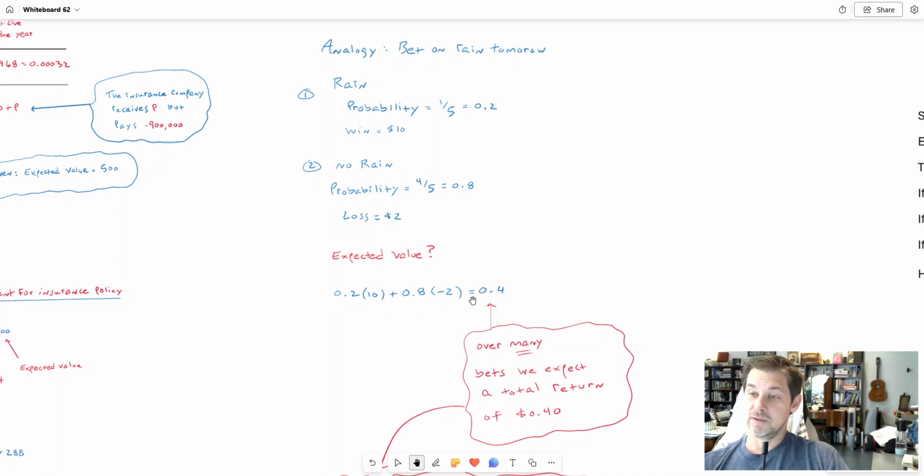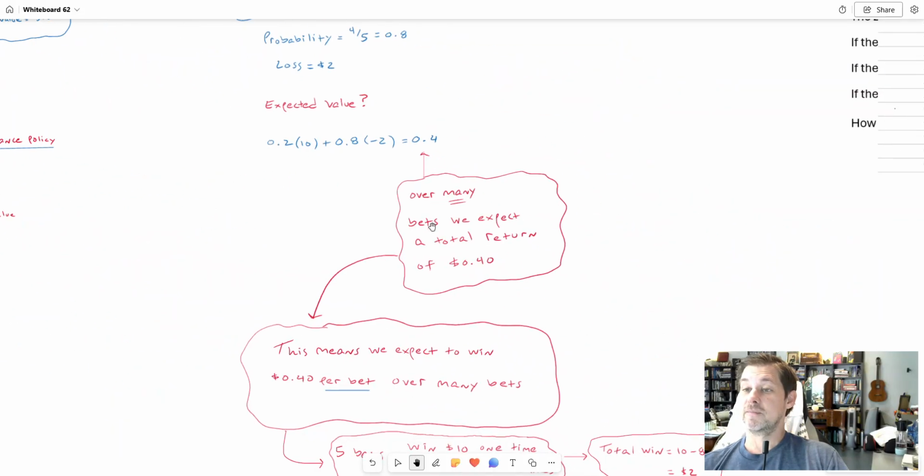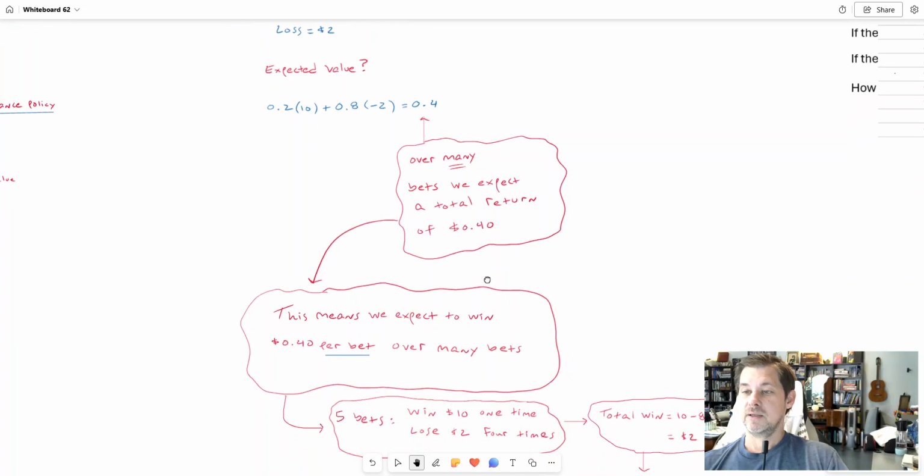What does the 0.4 mean? It's kind of like over here, what the 500 means. If I play this game many, many times, I'll expect a total average return of 40 cents. If I play this over and over and over, 40 cents per bet will be my average return over many bets.